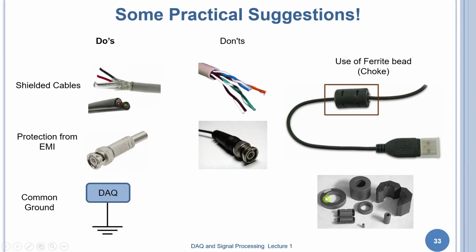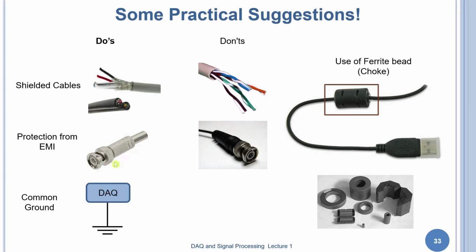Some practical suggestions I want to talk about: whenever you do measurements, always use shielded cables. The cables which are going to carry your signals, make sure they are shielded. This will protect your signals from EMI or ground loop errors.